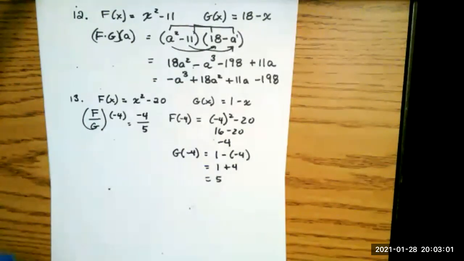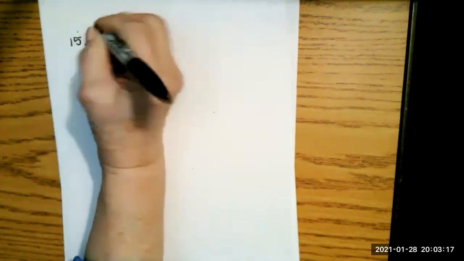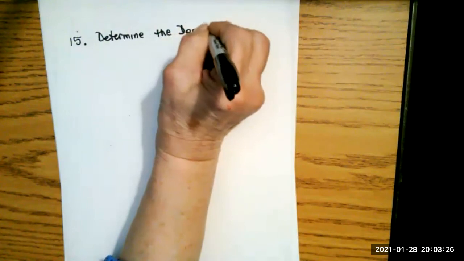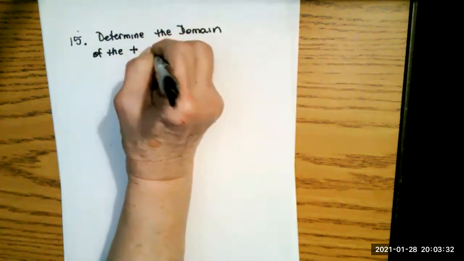Okay, I'm going to do one more and then we'll talk about individual questions that you guys have. I'm going to skip over and do number 15. 15 says determine the domain of the sum, difference, and product.